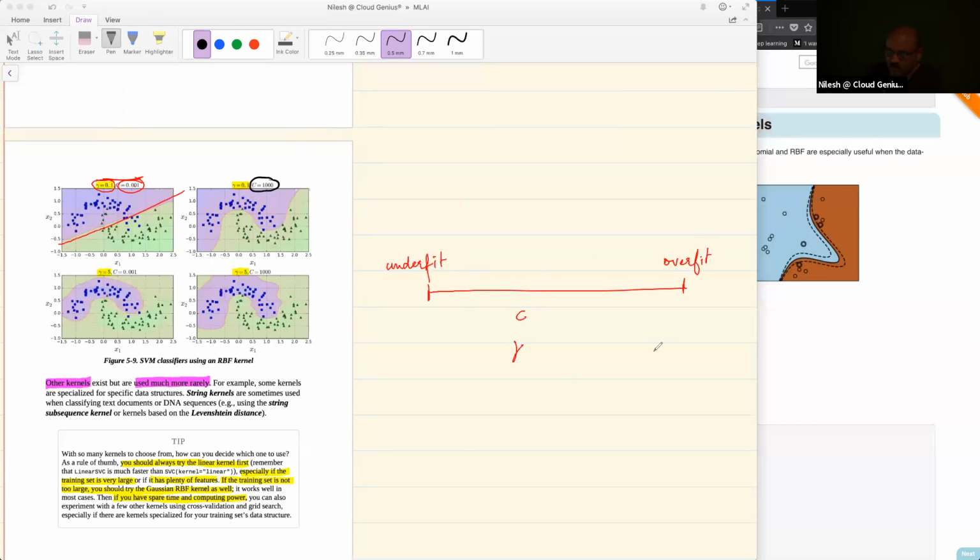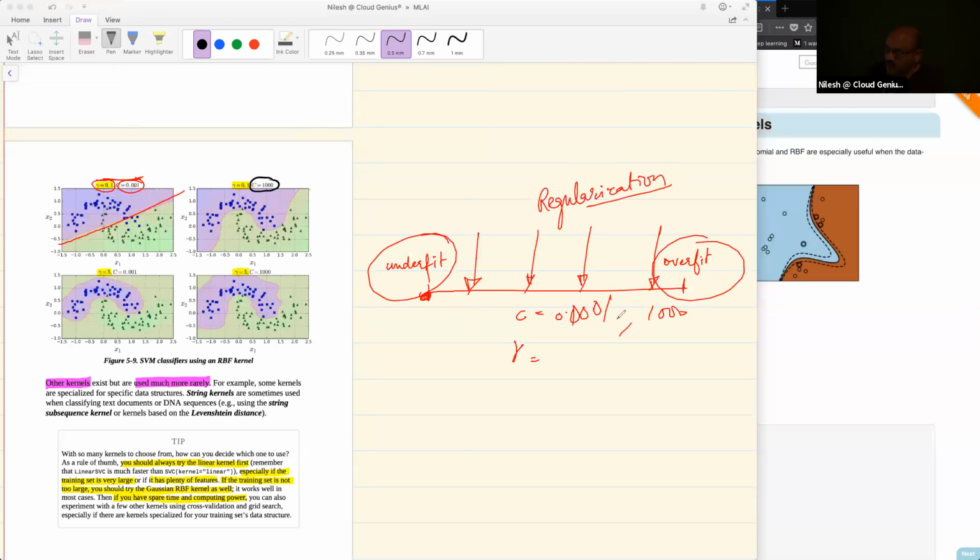Some algorithms have more, some have less, and whatever values you assign to these, like 0.1 or 0.001 or 1000, that's what your pointer will slide on this line here between underfit and overfit. And that's the idea of regularization.